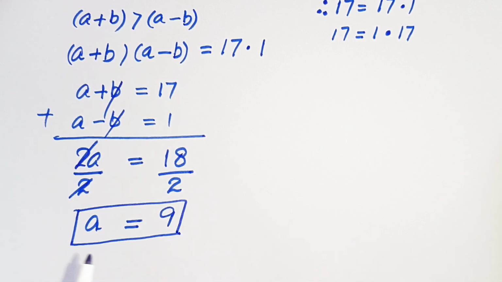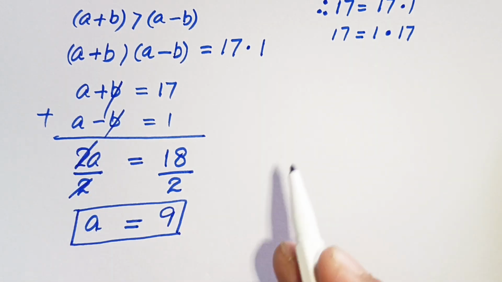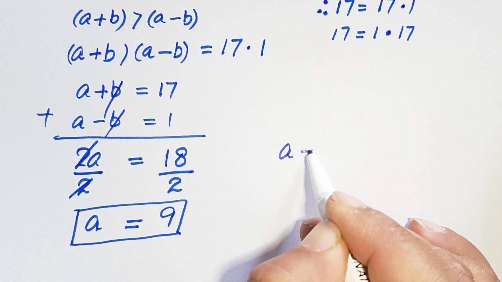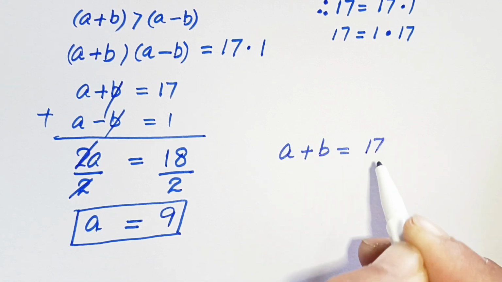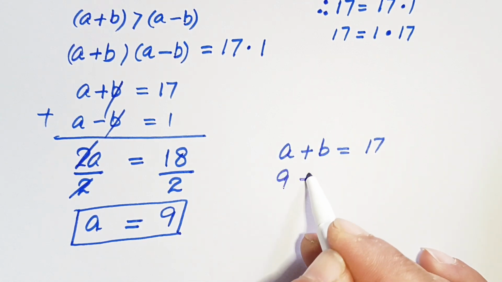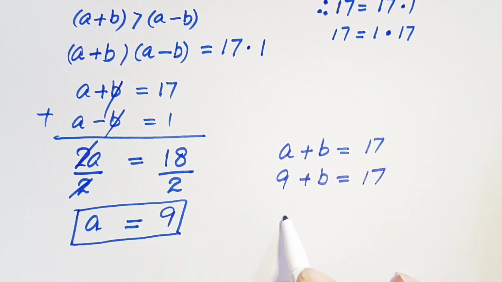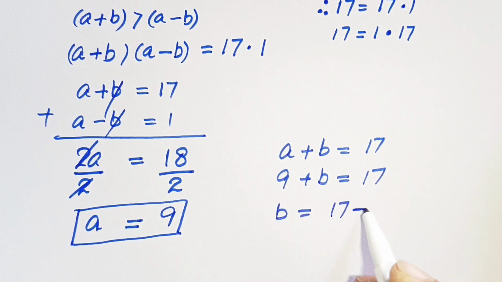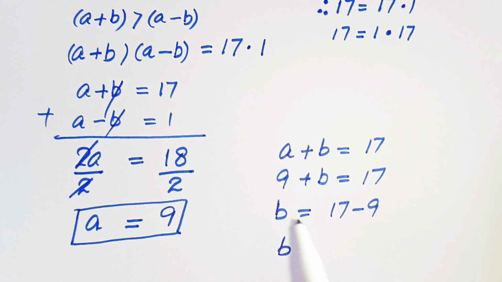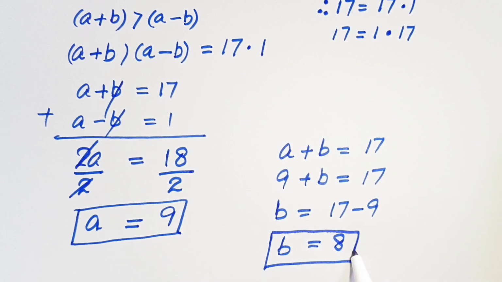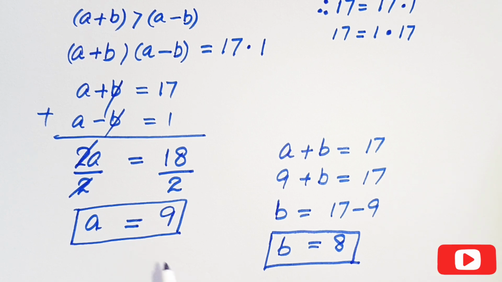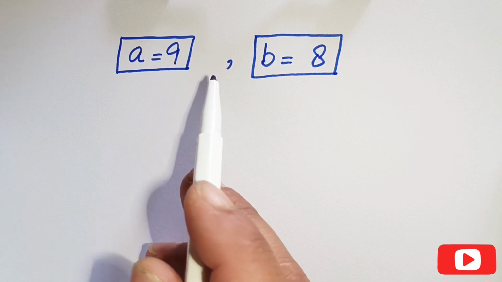Now putting a equal to 9 in the equation a plus b is equal to 17, we get 9 plus b is equal to 17, so b is equal to 17 minus 9, which is 8. So we found the value of a, which is 9, and the value of b, which is 8.